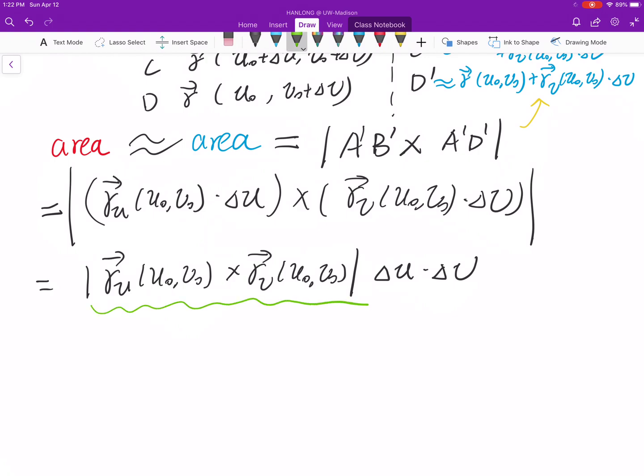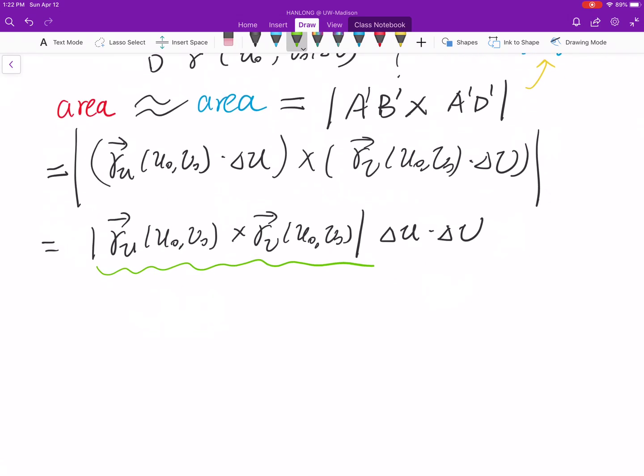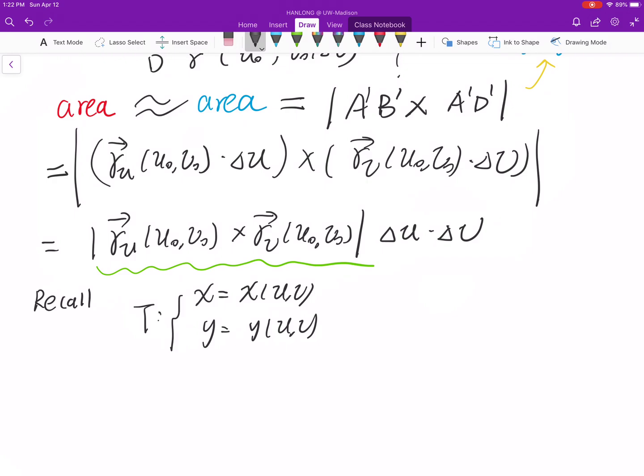It's pretty close. Next we can forget about the geometry. We just use the numerical data. So here let's recall: the transformation x is x(u,v), y is y(u,v). So this is transformation T. For this moment, we forget about the region.